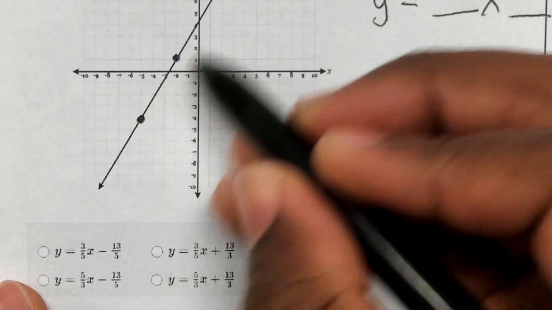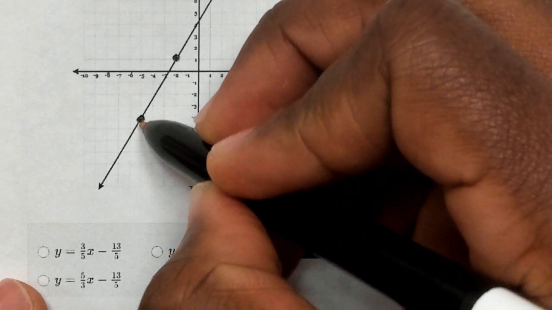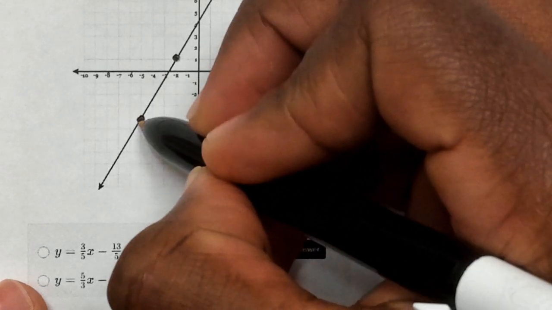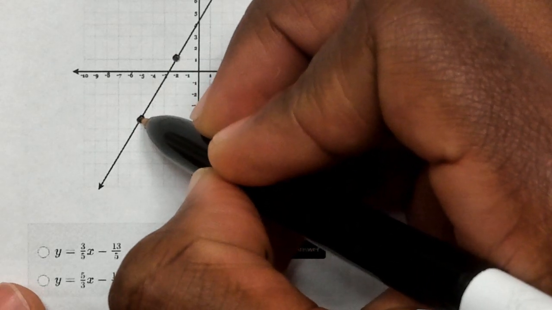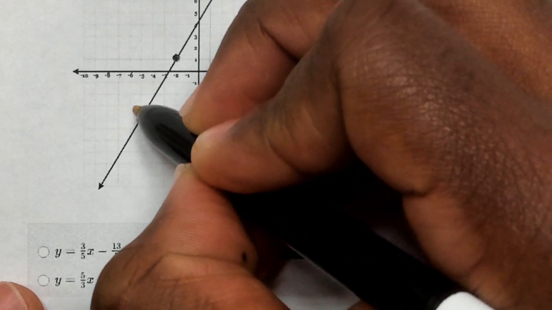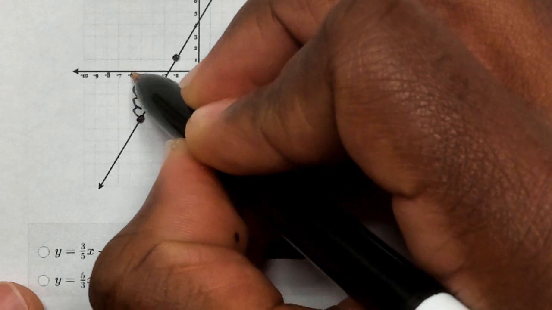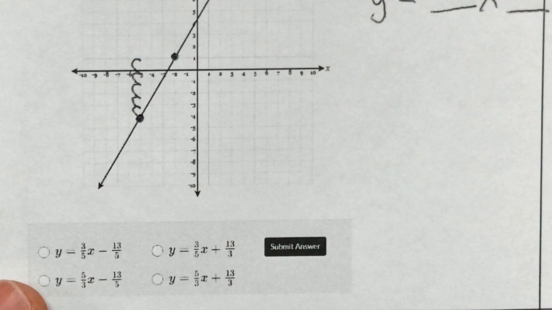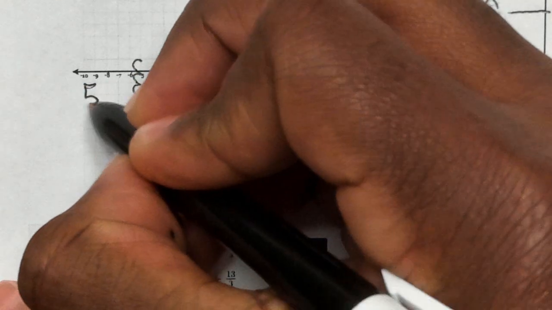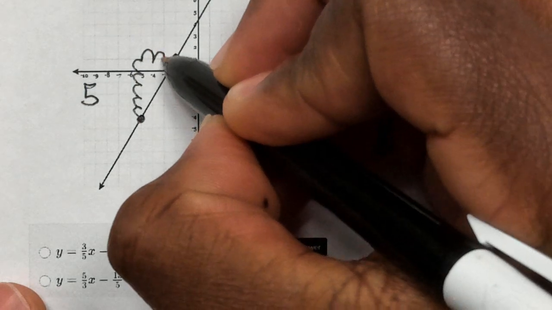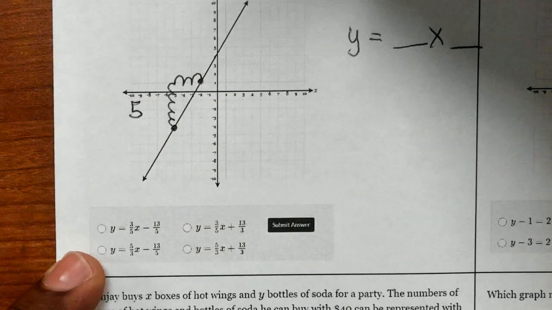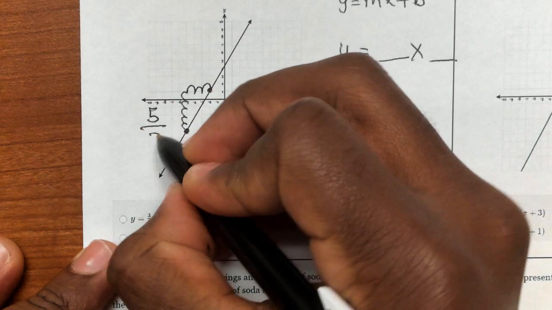So if we're going to go from left to right, I would first need to go either up or down, okay? So would I need to go up or would I need to go down? I would need to go up. So I would need to go up 1, 2, 3, 4, 5 times. Because you went up 5 times, that's a positive 5. Now I need to go to the right 1, 2, 3 times. Okay? So that's going to be a positive 3.